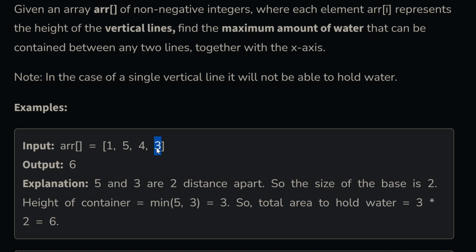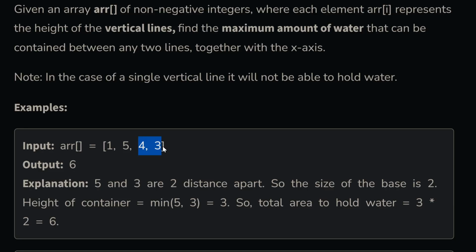So it will be height multiplied by width, and the answer is 3. In this case we have this and this line. The minimum height is 3, the height is 3 and the width is 2, so the answer is 6. This is our maximum answer till now.